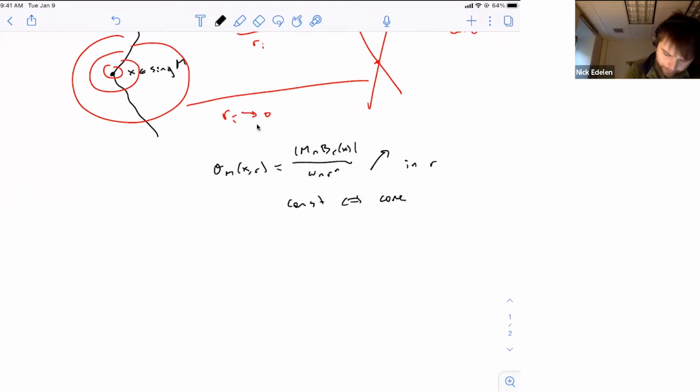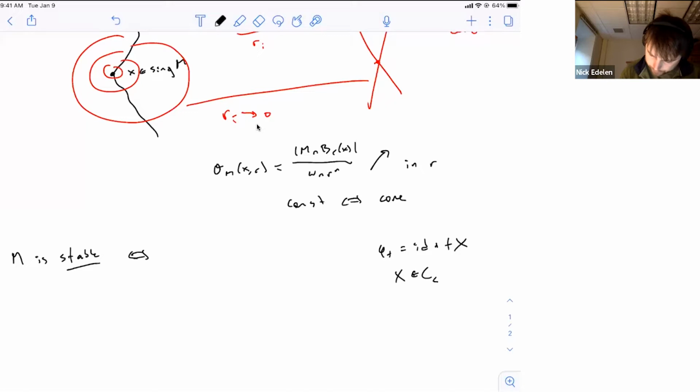And so let me just remind you, as I'm sure you also know, a minimal surface is called stable if deformations can only increase area to second order. So if I look at any sort of deformation, like identity plus t times X, where X is a compactly supported vector field, and I look at the deformation of M along this vector field, and I look at its area, then the second derivative at time t equals 0 is non-negative.